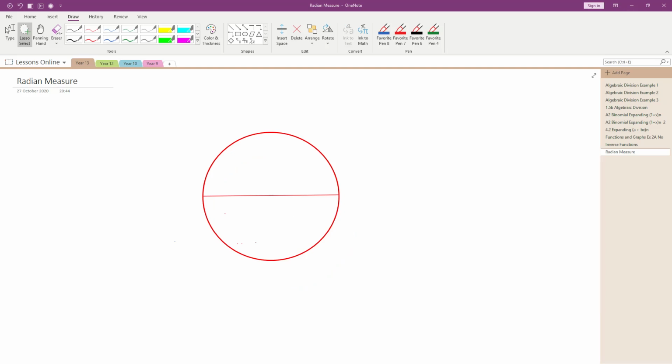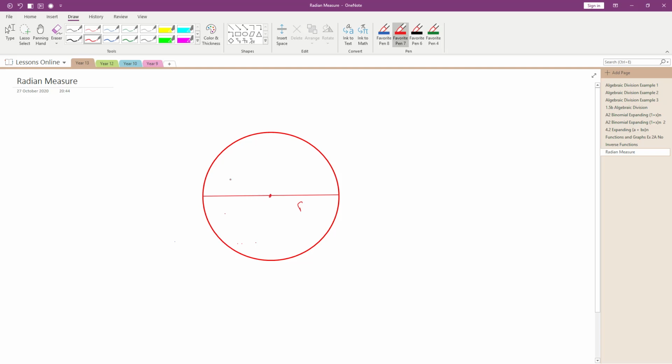Now we've always used degrees to measure the angles around a point or angles in a circle. So we use 360 degrees around a circle, 180 for half a circle. But there's another way. We can actually measure the number of radii around a circle. And the number of radii around a circle, if we start at the center of the circle, are the number of radians that we can go around the circle.